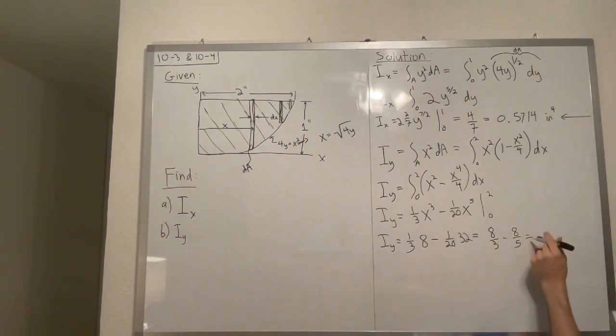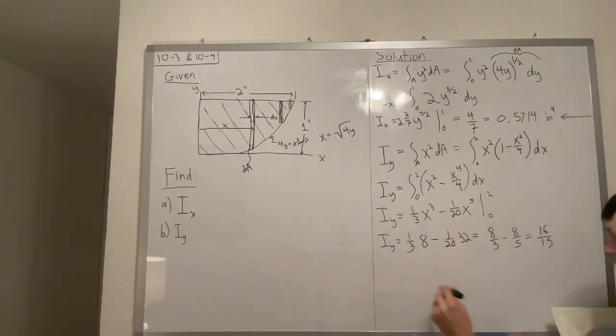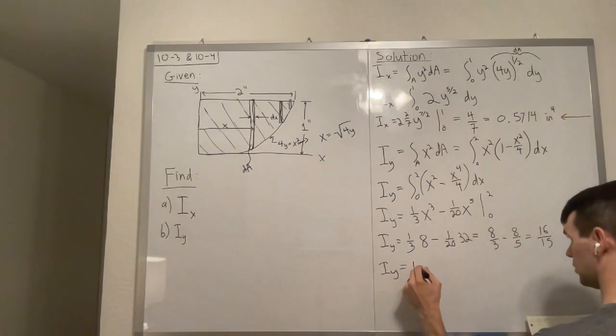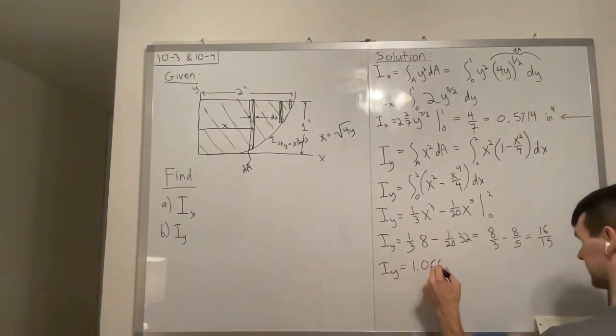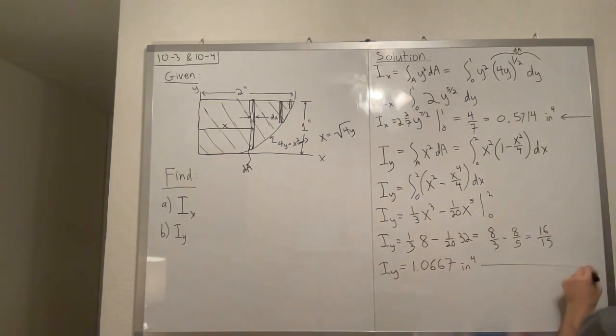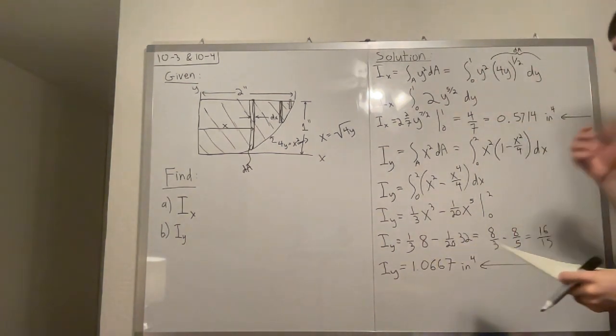If you do some work with fractions, you end up getting 16 over 15. So Iy is equal to 1.0667 inches to the 4th. So those would be our answers.